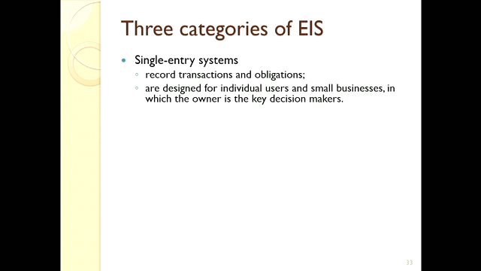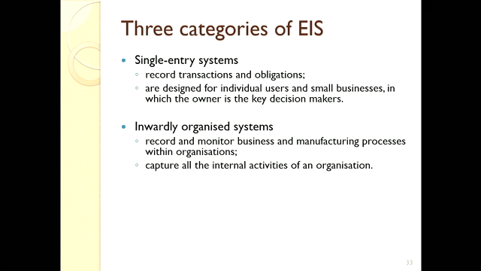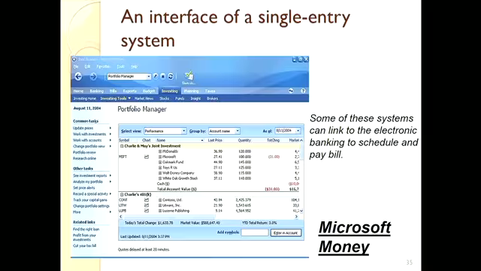So we talked about enterprise information systems, and there are 3 types. The single entry system records transactions and obligations, right? I'm just thinking of one example here. Yeah, it's actually here: Microsoft Money and Quicken. They are good examples of the single entry system.